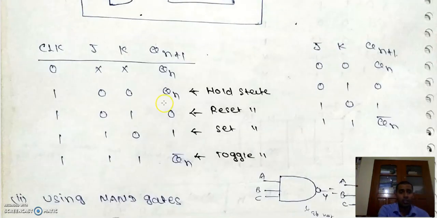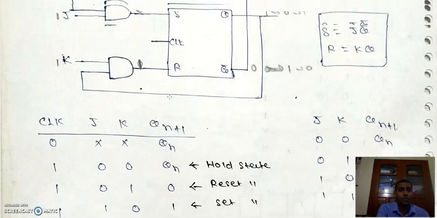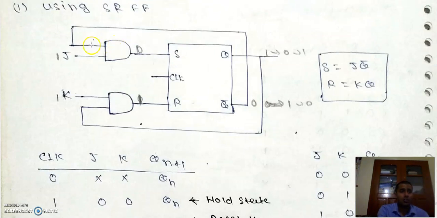No need to work it out again. Now 0 1: if J is 0 and K is 1, then we will get 0 here and 1 here.